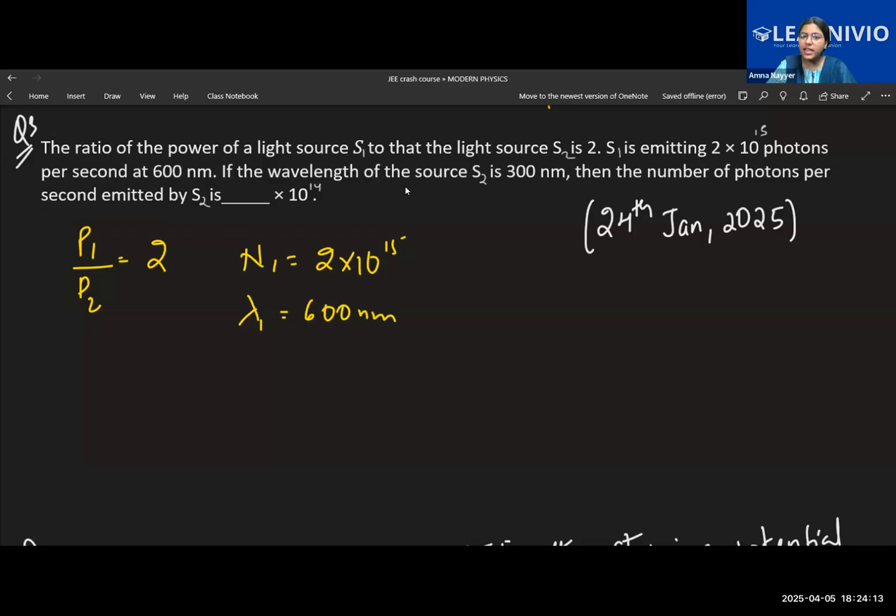If the wavelength of the source S2 is 300 nanometer, that is lambda 2, what is the value of N2? This is missing. Upasna, tell me a method. How should I start?